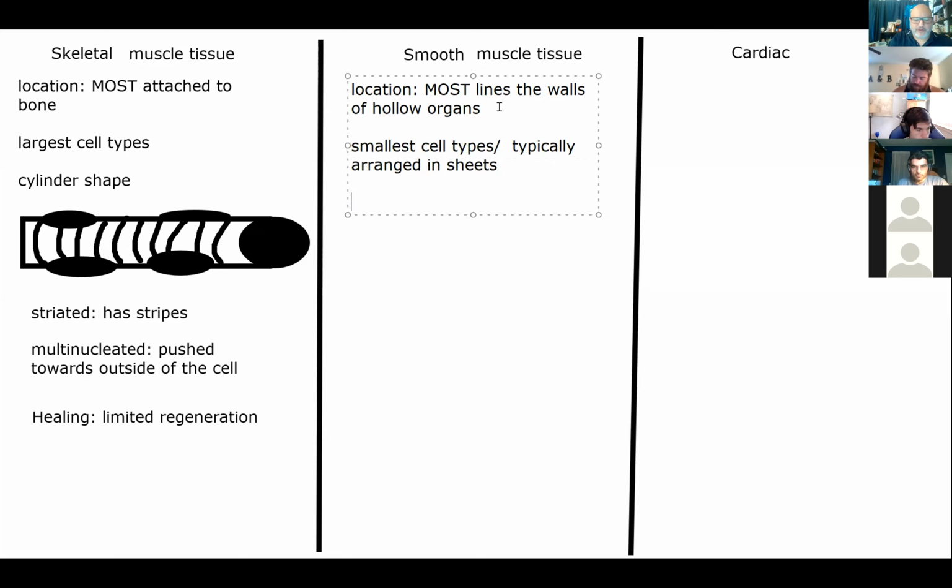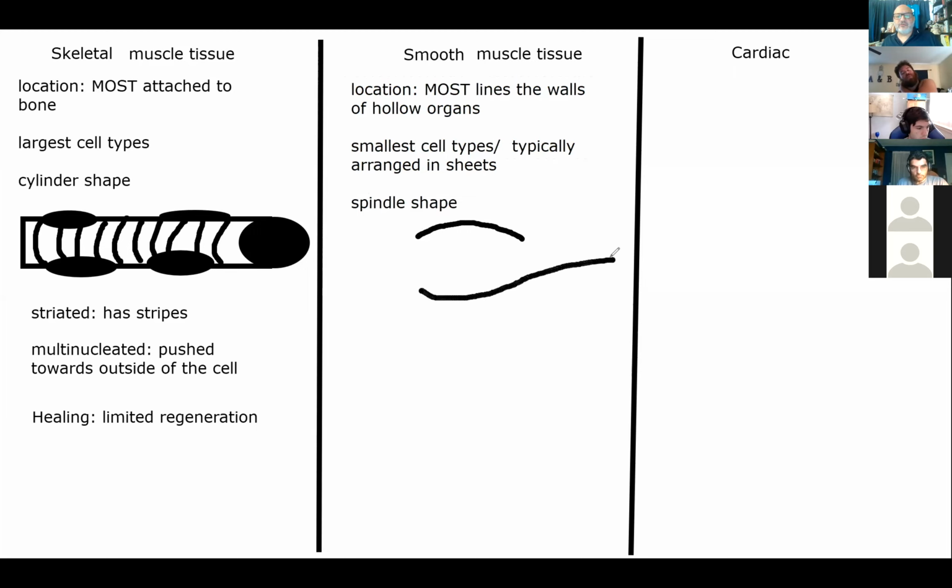They have what we call a spindle shape, with a large centrally located body and two tails that taper off from it.